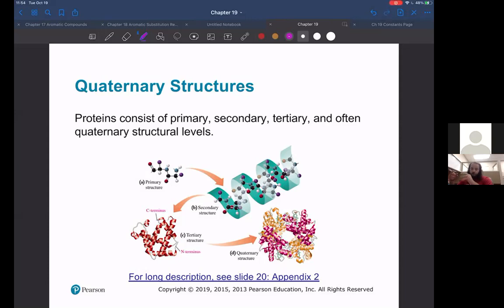Then those will arrange themselves in the secondary structure. Those are held together by hydrogen bonds between the backbone elements of the polypeptide chain. And then those secondary structures continue to fold back on themselves to form a tertiary structure. And if you have a multiple subunit or multiple polypeptide protein, those different polypeptides will arrange themselves in what's called the quaternary structure.